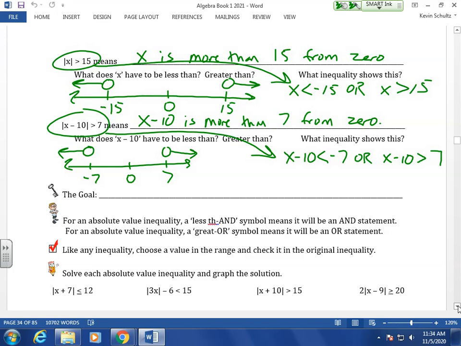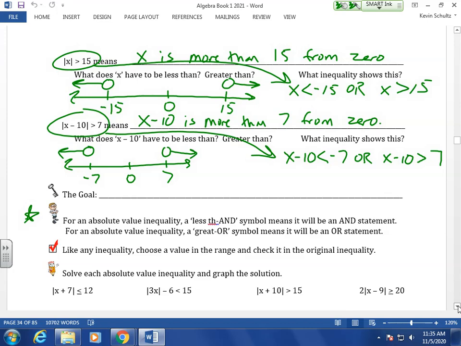But the initial challenge is the setting up. Once you get here, the solving piece of it, I hope that's a little bit easier. It's the new part getting there. So I've copyrighted and patented a little trick to help you. A less than symbol will always be an and statement, like the first two examples we had.